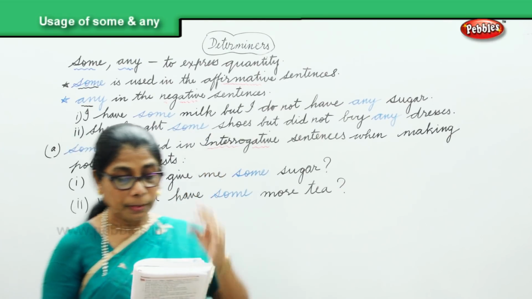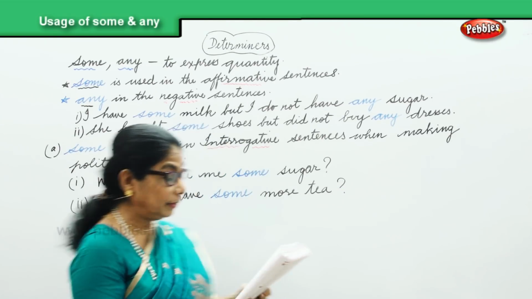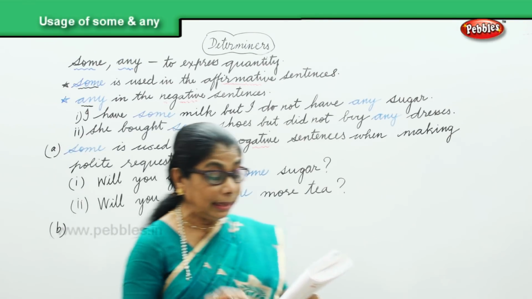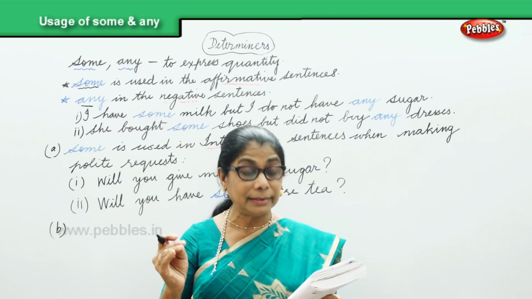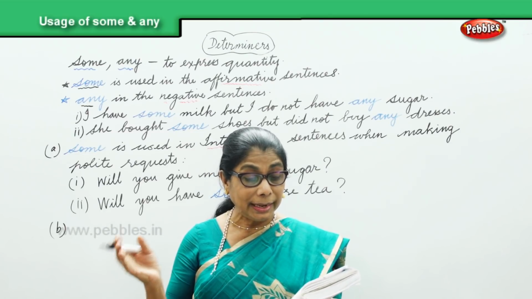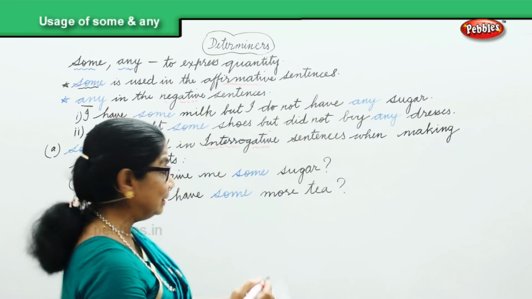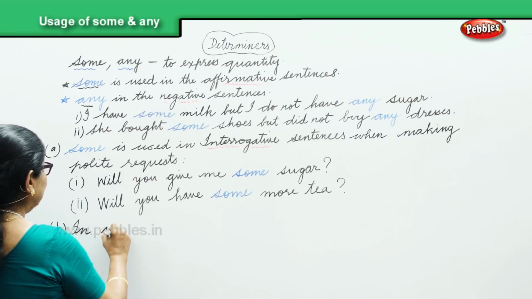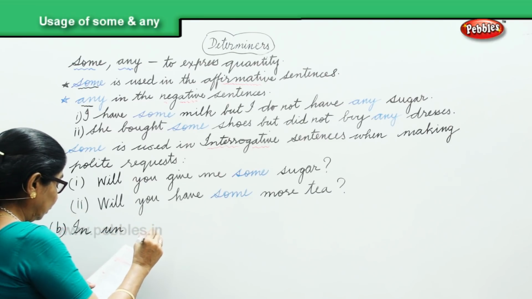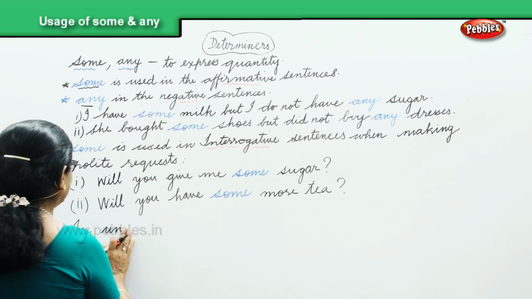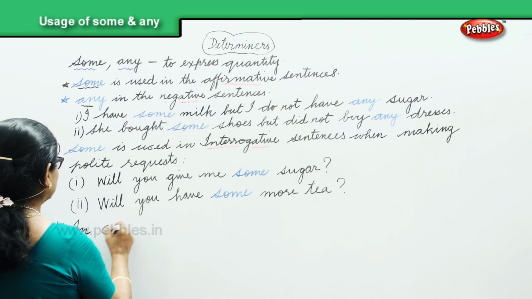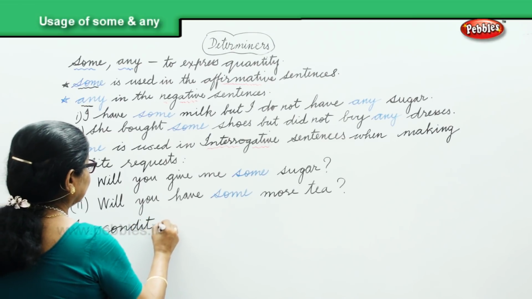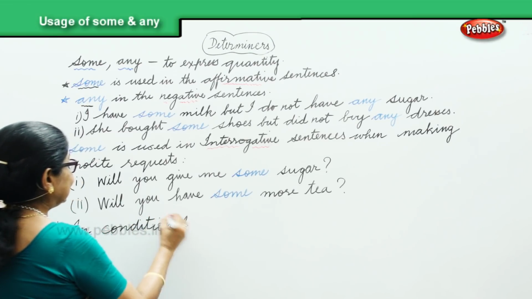Okay. And the next we have, in the B category, any is used in conditional sentences.